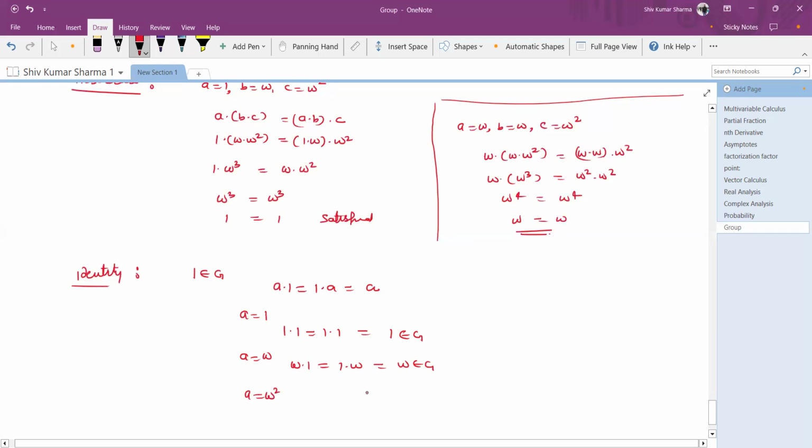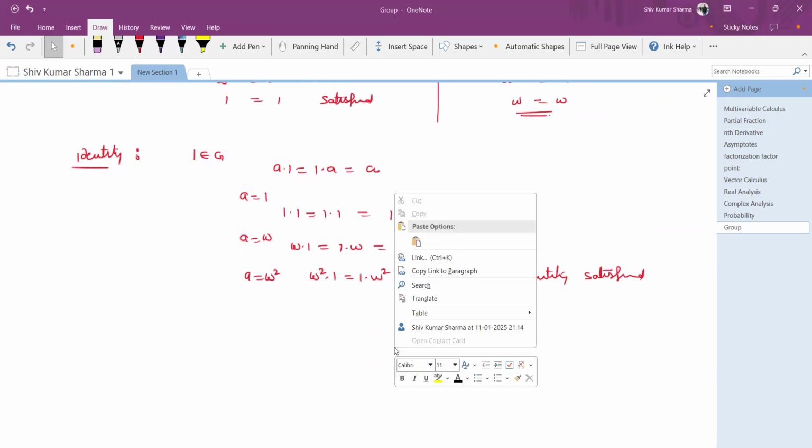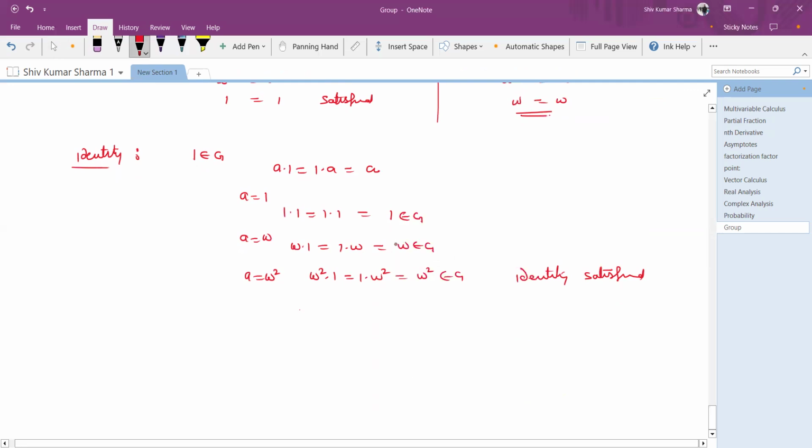When we consider A equal to omega square, this also gives us omega square into 1 equal to 1 into omega square is equal to omega square. So we can write identity satisfied. So identity is also satisfied, since the product with 1 gives the same element.